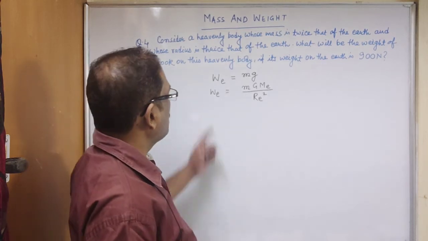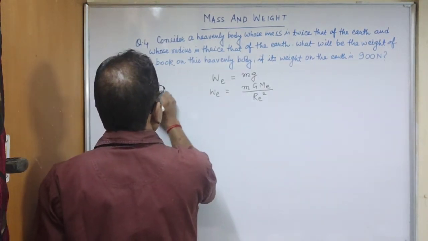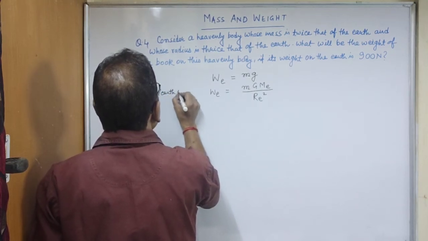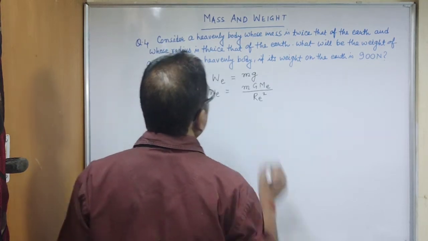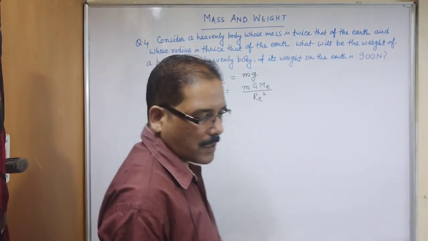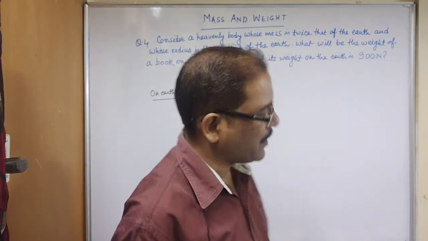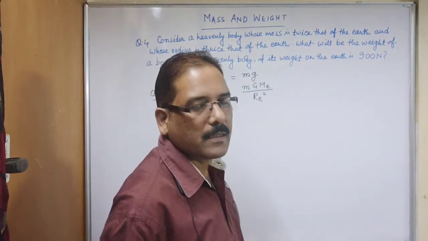So this is the weight of an object on the earth's surface. Now suppose the weight on the heavenly body: what will change? Mass and radius will change.